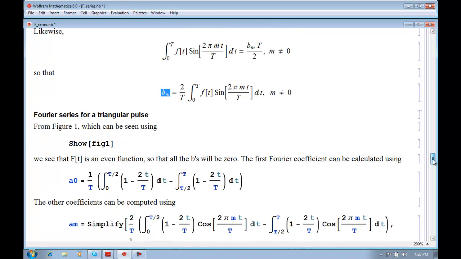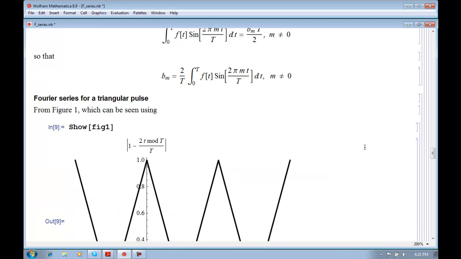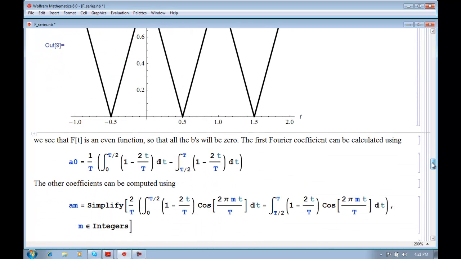Let's look at it for that triangular pulse we had above. We can look at that again here, and work out a0, the constant term. It's 1 over T times the integral of the function from 0 to T over 2, this one here, and then we have to add the contribution from this bit.